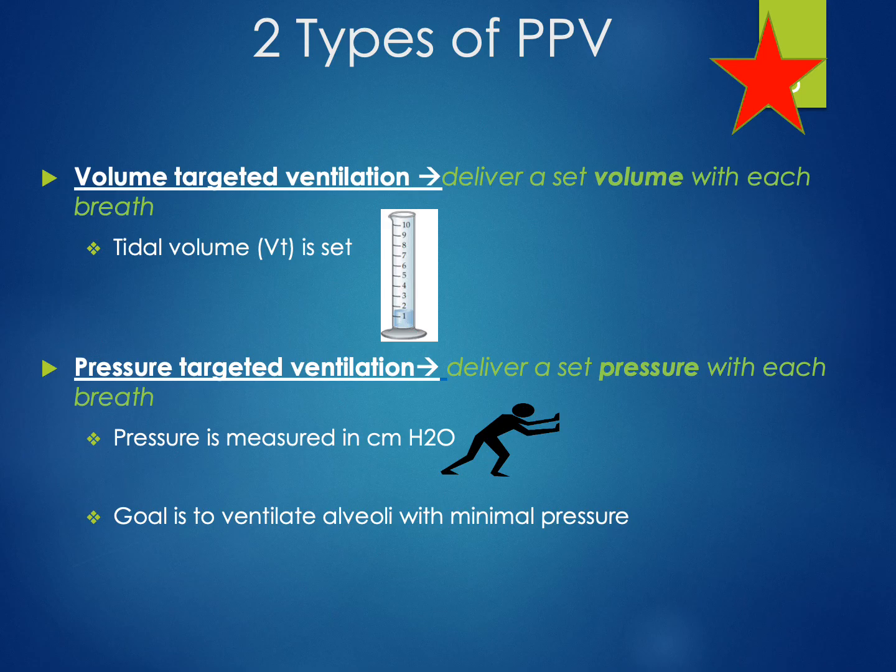This can take some getting used to, but think about how more water or deeper water would create more pressure and more weight than less or shallower water. So more centimeters of water will equate to more pressure. So you might see a ventilator programmed to push 10 centimeters of water to deliver a breath.